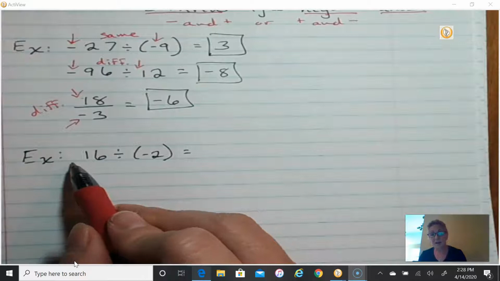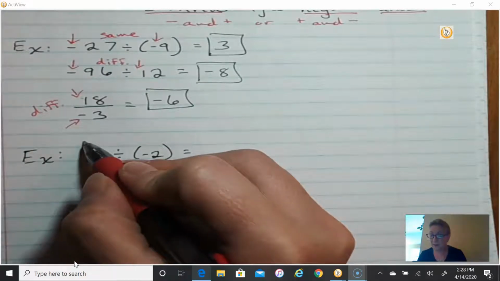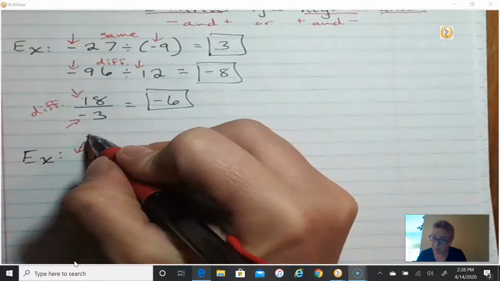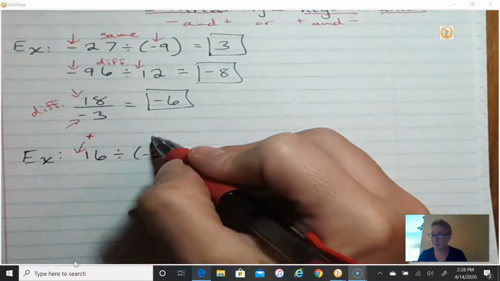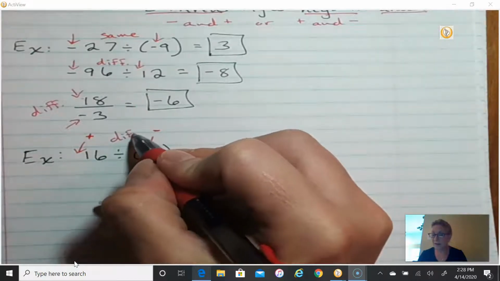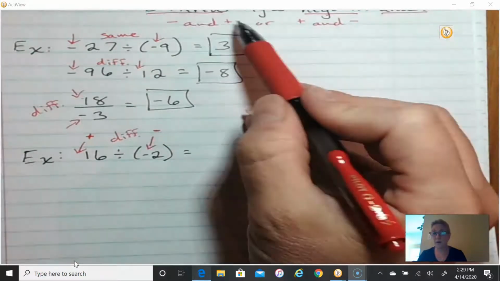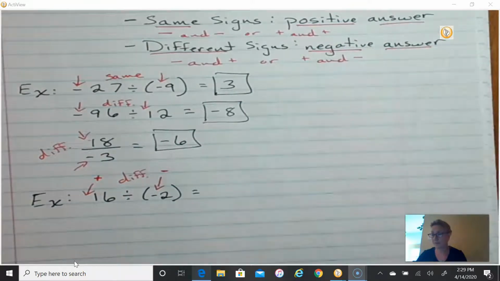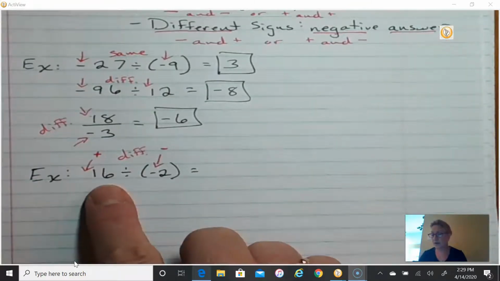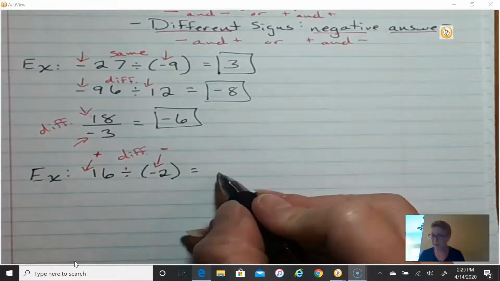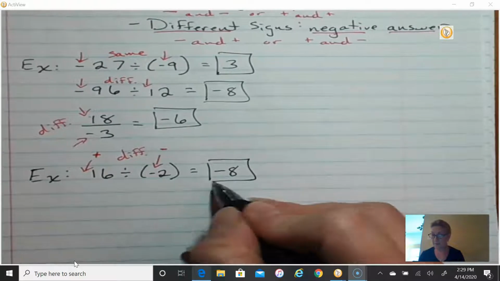If there's no sign there, it's positive. Okay, it is positive. This is a negative. Those are different signs. Therefore, different signs, you get a negative answer. So positive 16 divided by negative 2 is negative 8.